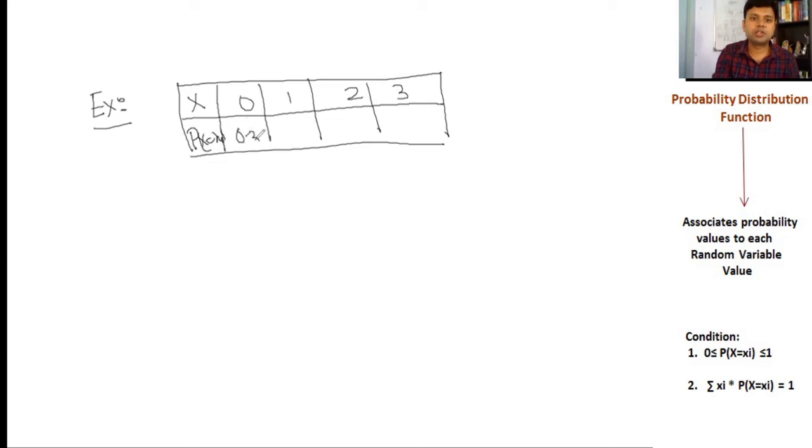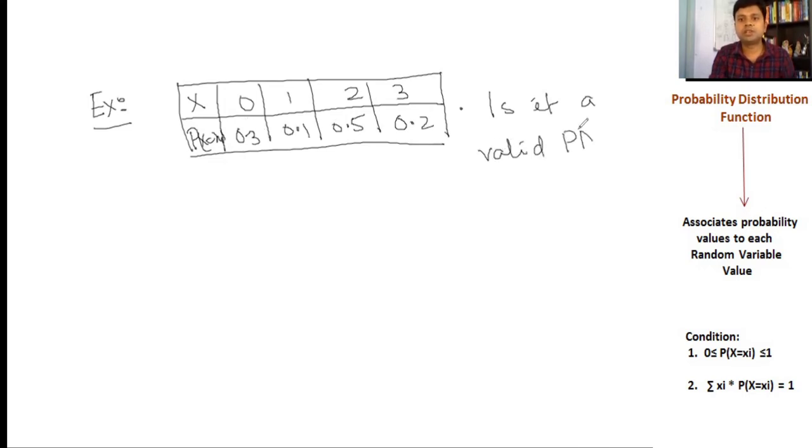Probabilities 0.3, 0.1, 0.5, and 0.2. The question is, is it a valid PDF, that is, probability distribution function? The answer is no, it is not.